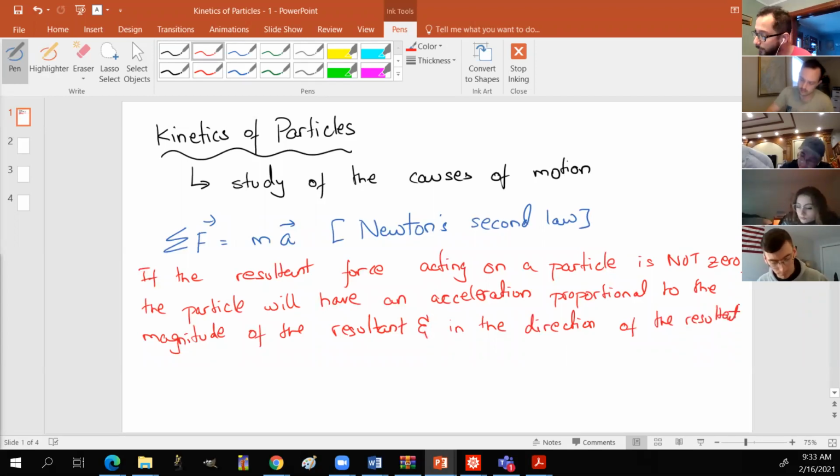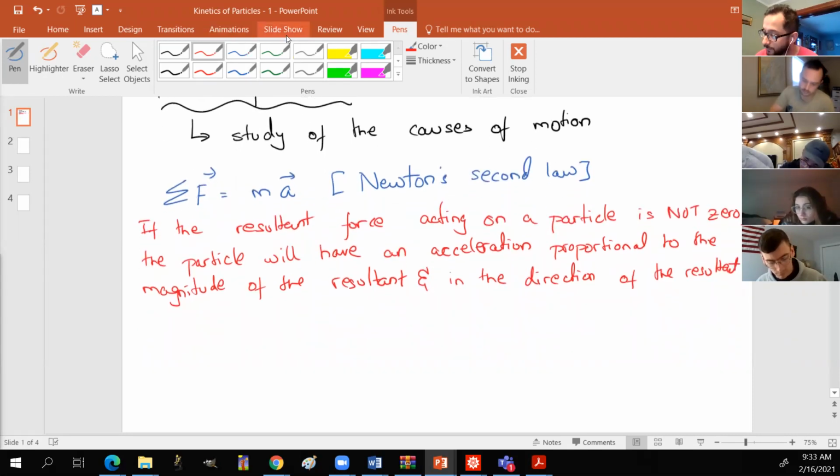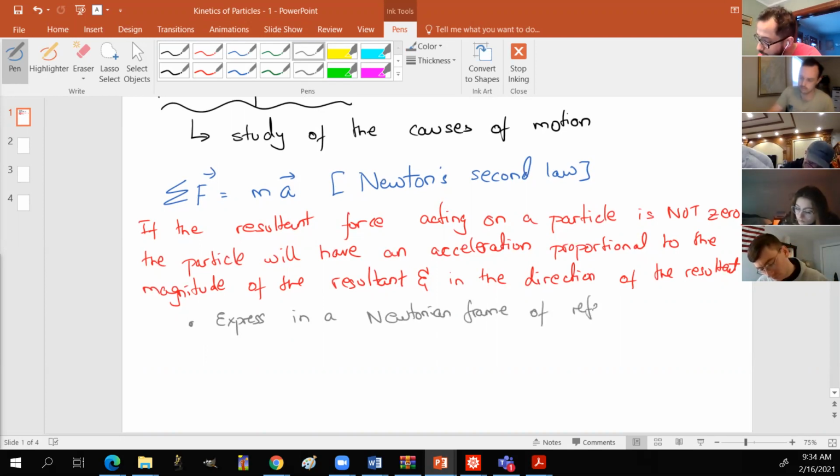Right, and the way that we work with this is that you want to always express your forces in what's known as a Newtonian frame of reference, whereby the reference itself might be moving, but it's not accelerating.